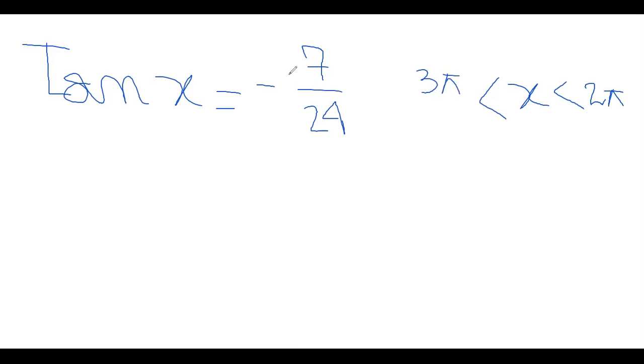Am I right? 3 pi by 2 is what? 270. I think so. If 2 pi is 360, then 3 pi by 2 is what? 270. Am I right? I think so, yeah. Look at this, it's very simple.